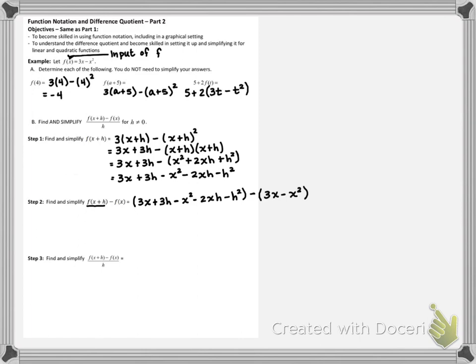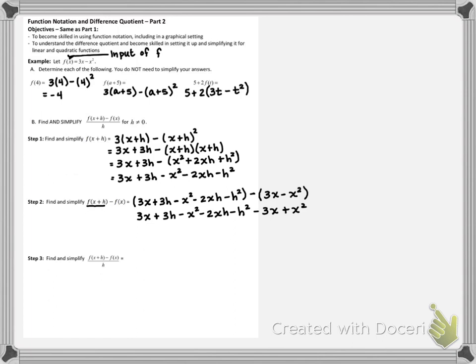And now to simplify that, I'm just going to distribute my negative. So I can drop parentheses here because there's nothing to distribute to the left of that leftmost set of parentheses. So 3x plus 3h minus x squared minus 2xh minus h squared minus 3x plus x squared.